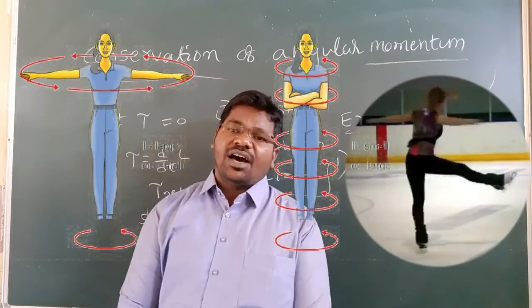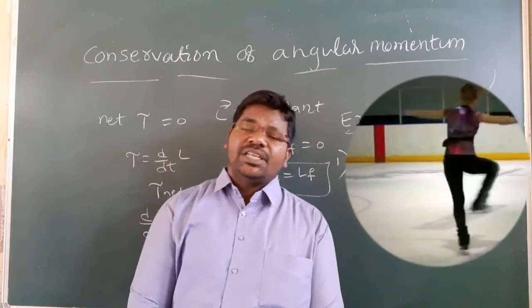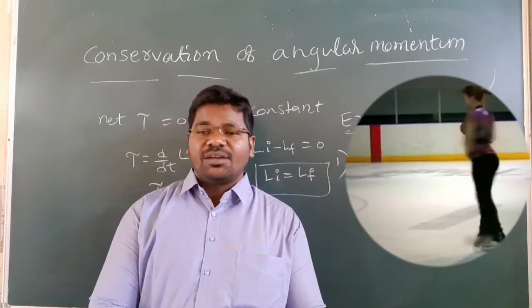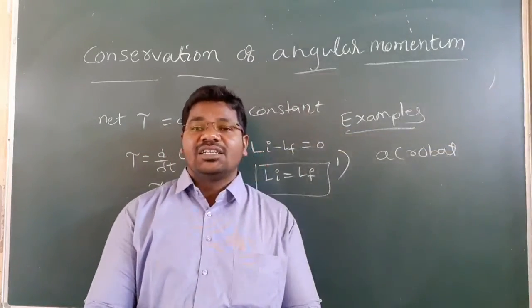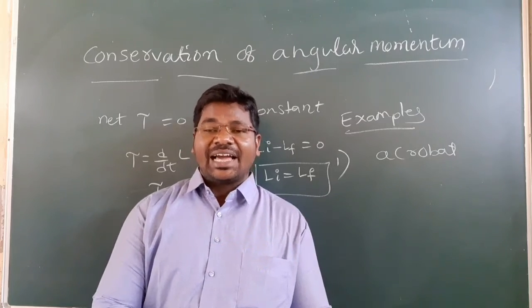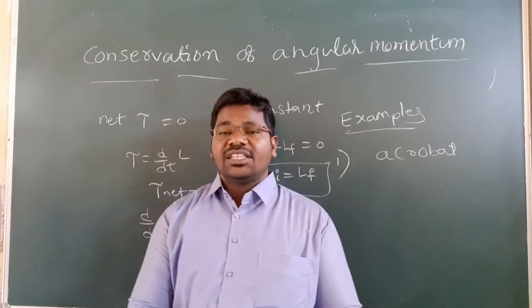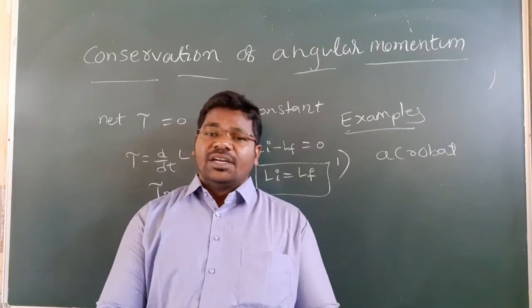Bringing the arms and legs close to each other means angular velocity increases, radius decreases, and then the moment of inertia also decreases.